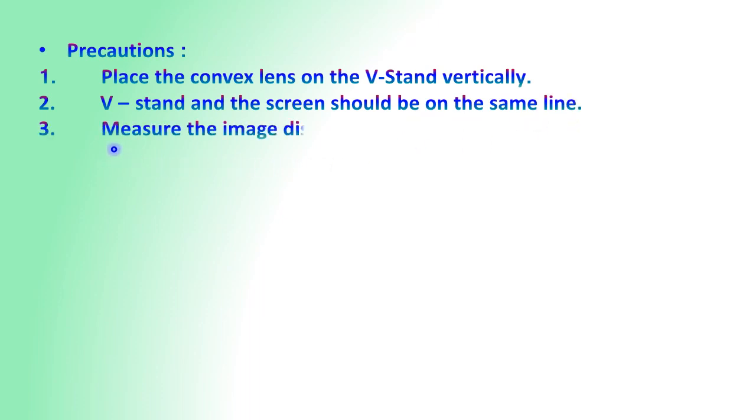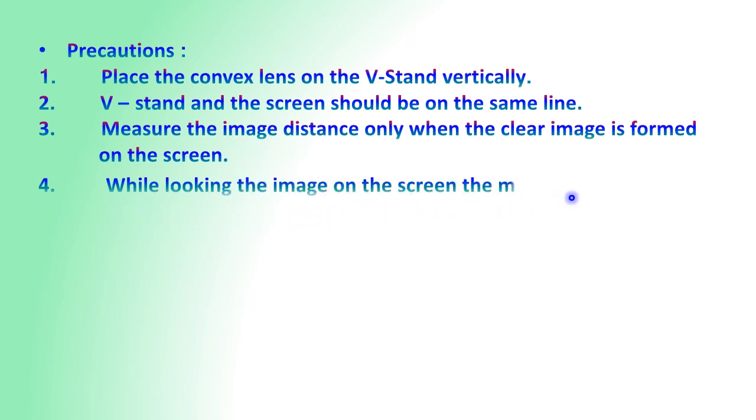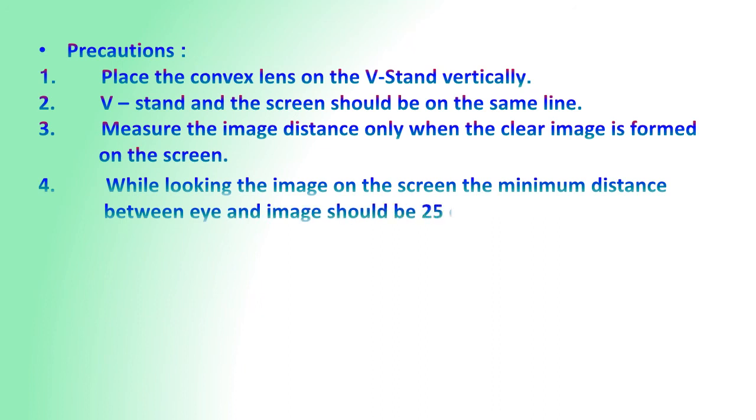Third one is measure the image distance only when a clear image is formed on the screen. Fourth one is while looking at the image on the screen, the minimum distance between the eye and image should be 25 centimeters. That's all. Thank you.